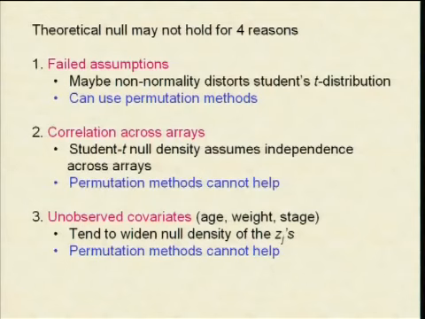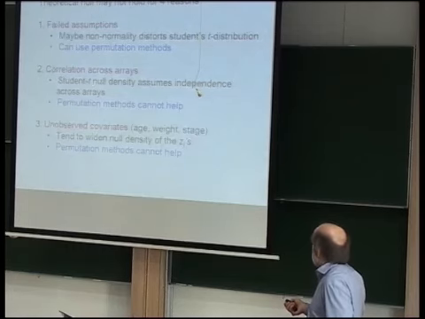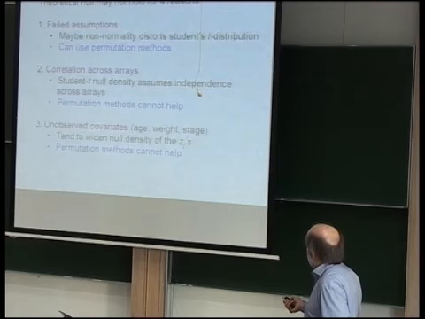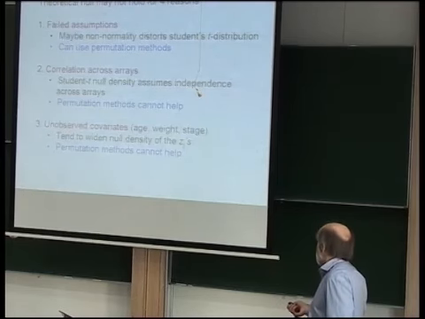That's the theoretical null. And one is you use the Student t distribution where you shouldn't, but that can be corrected for because you can use permutation methods. But you could have correlations across the arrays, and the standard null density assumes independence there, and permutation methods won't help. You could have unobserved covariates, and permutation methods can't help there.